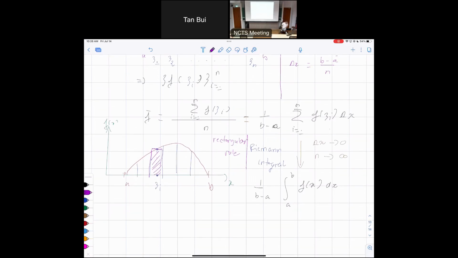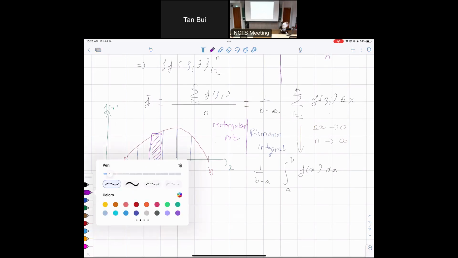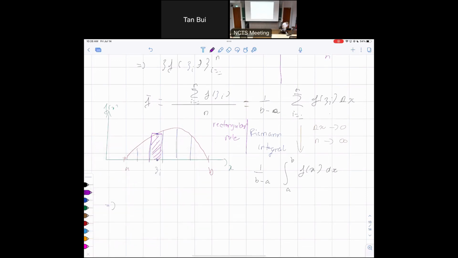Okay, so now I'm going to do one more step. On the other hand, this formula, but now we go to expectation.